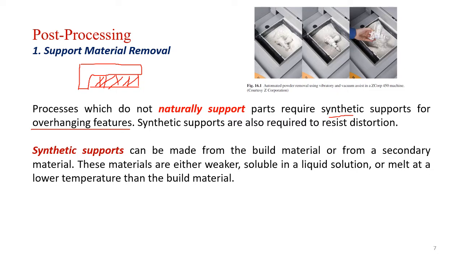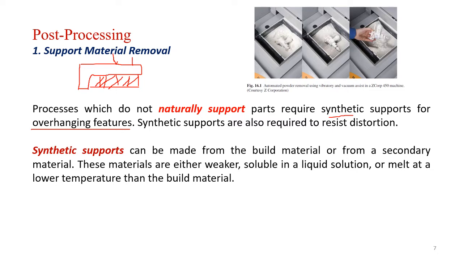These synthetic supports are required in such a way that they reduce distortion. Because of the self weight of the material itself, bending of the beam or the full structure may occur. For that, it has to resist the loading.